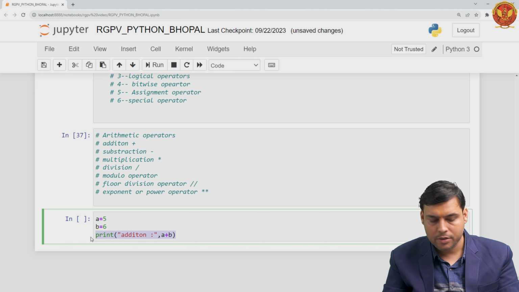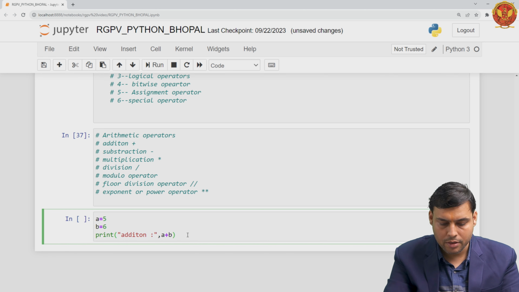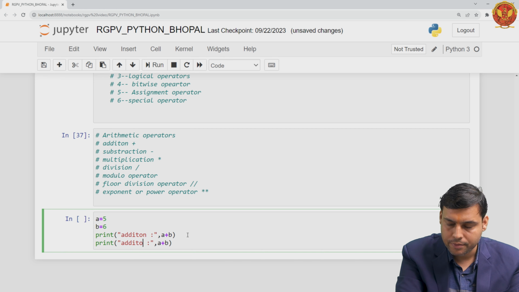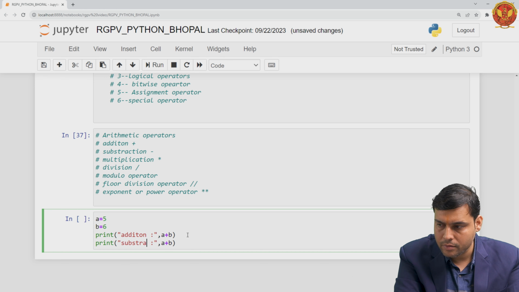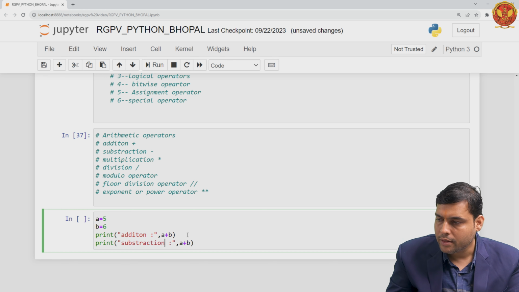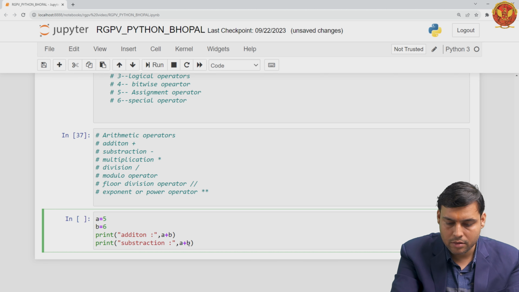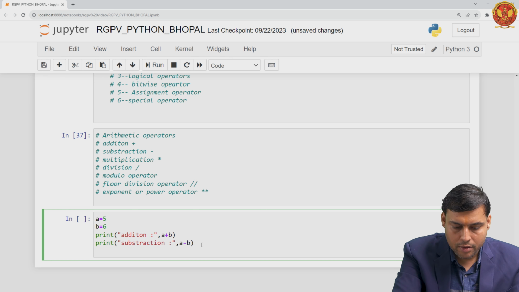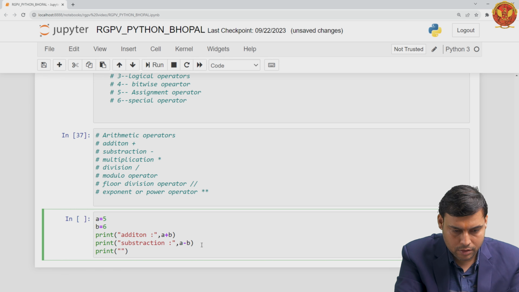Then I copy and paste this code. Now write here the subtraction, a minus b. And I print the value of multiplication.